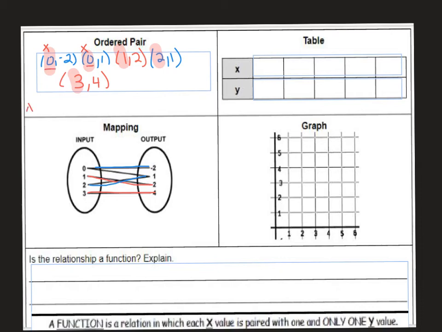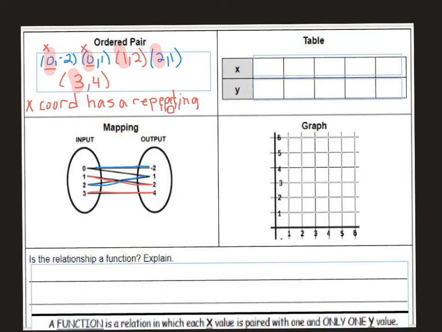According to my function definition, which is at the bottom of your page, your x-coordinate can be paired with one and only one y value. The x-coordinate has a repeating 0, so that tells me that because there is 0 twice in the set of ordered pairs, it has been assigned more than one y value in this case. So there's that duplicate.